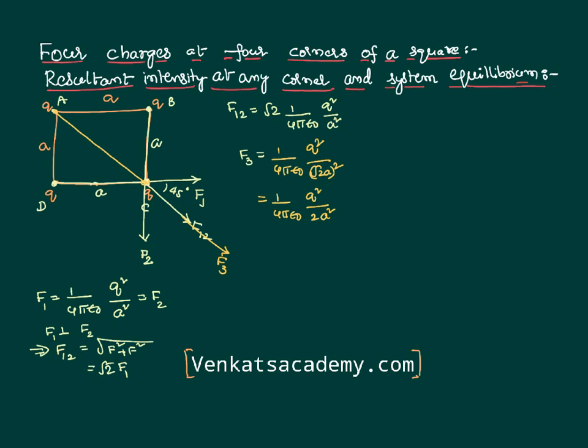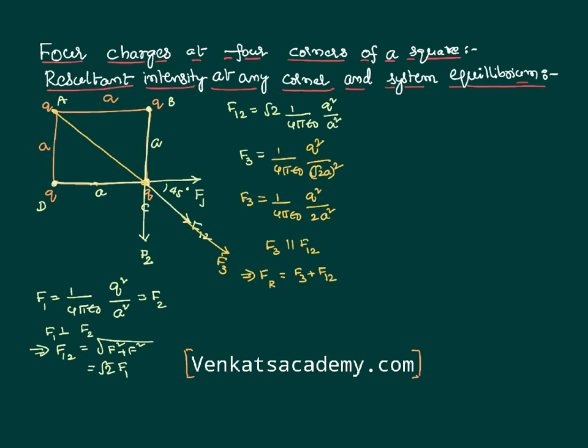It is also clear, if you look at the diagram, that the direction of F3 is parallel to that of the resultant of F1 and F2. So to calculate the resultant of all forces, I have to add these two forces. I can directly add them like scalars since the angle between them is equal to 0.